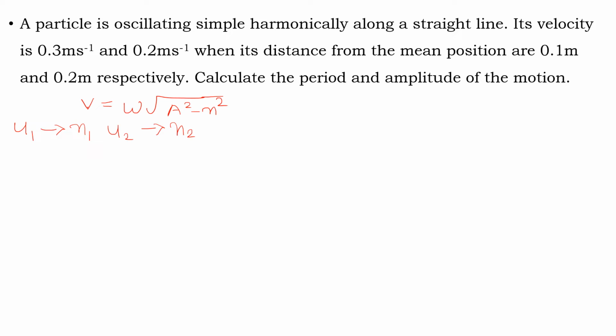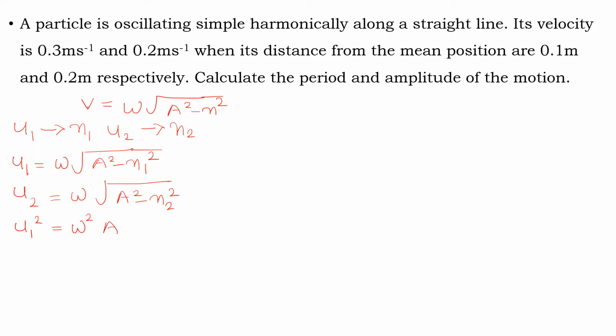Therefore, the equation for u1 and u2 can be represented as u1 is equal to omega into root of a square minus x1 square, and u2 can be represented as omega into root of a square minus x2 square. Therefore, u1 square can be represented as omega square into a square minus x1 square. u2 square is equal to omega square into a square minus x2 square.